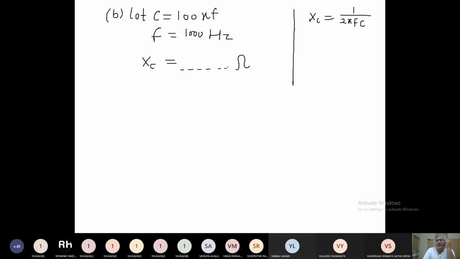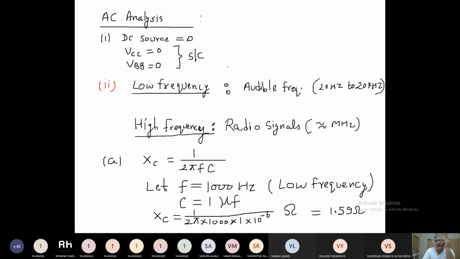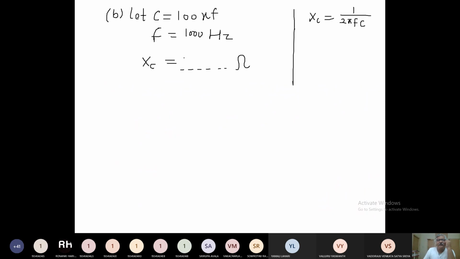See, there is already no need for calculation, because we have calculated 1.59 ohm for 1 microfarad, and we are talking about 100 microfarad. You simply divide it by 100. Whatever 1.59 ohm we got for 1 microfarad, you simply divide it.